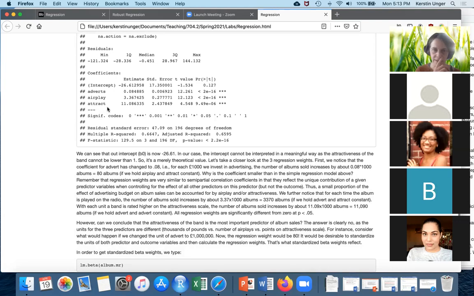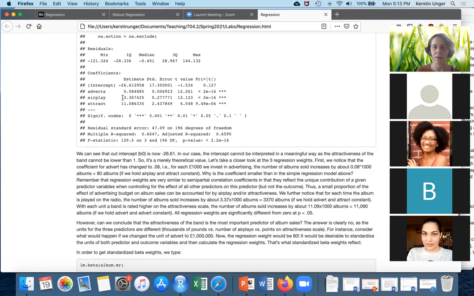Then there's this reminder: the estimate in the first column is our coefficient, the point estimate of the true coefficient in the population. That is the true intercept, the slope for advertisement, the slope parameter for airplay, and the slope parameter for attractiveness.